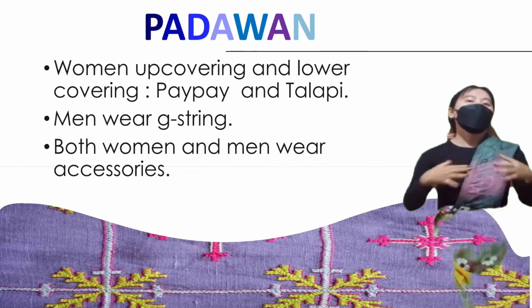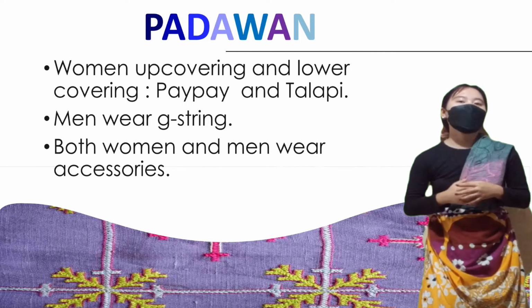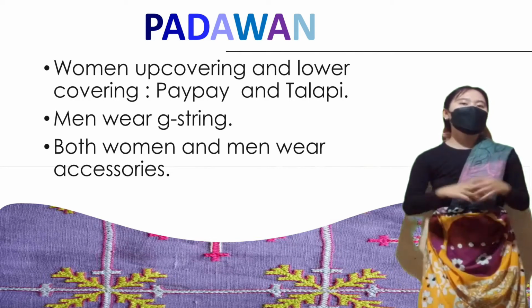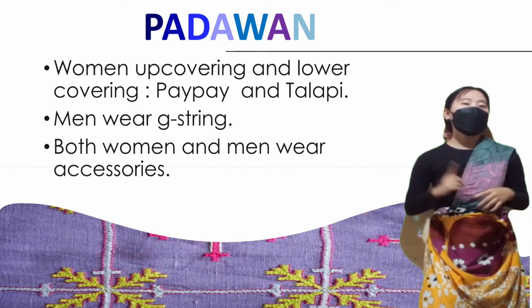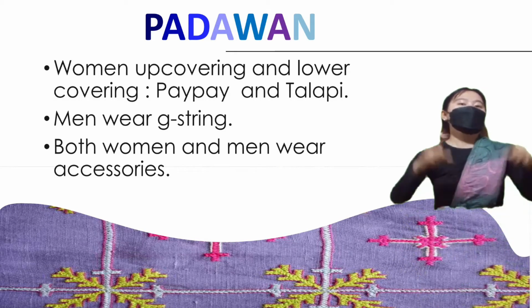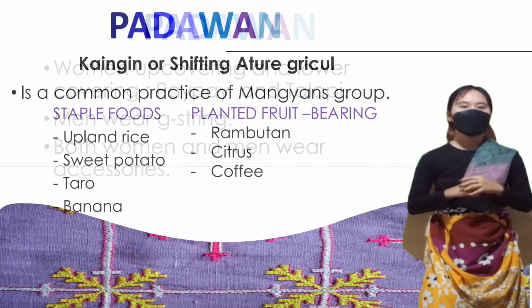Tadyawan Mangyan men wear a G-string called abay. When it comes to accessories, women and men wear bracelets and necklaces made of beads.